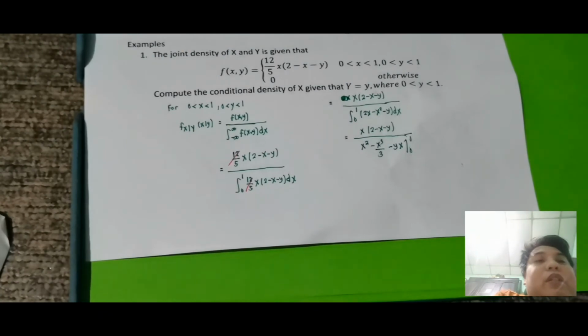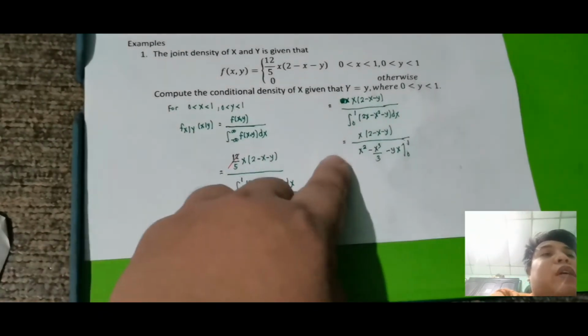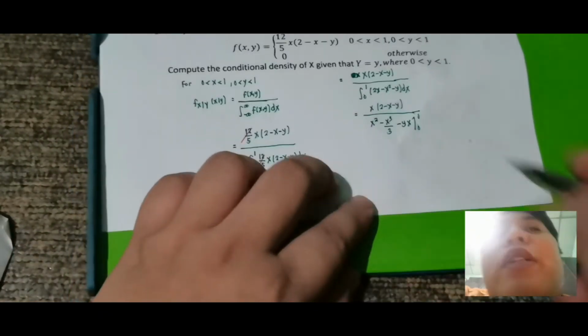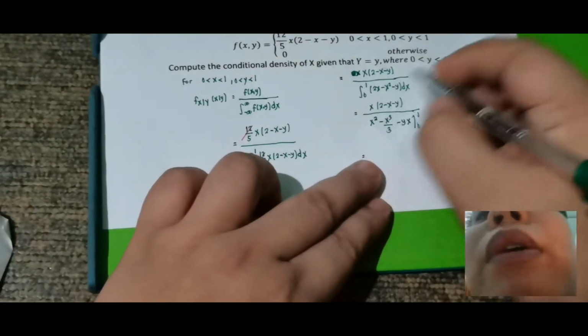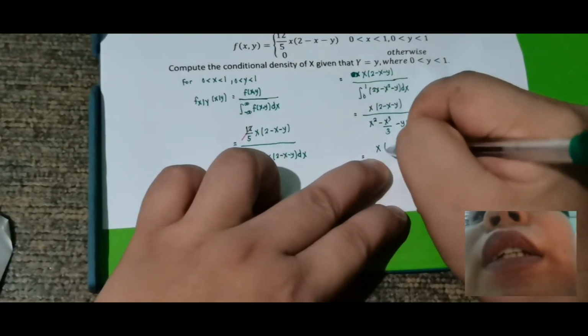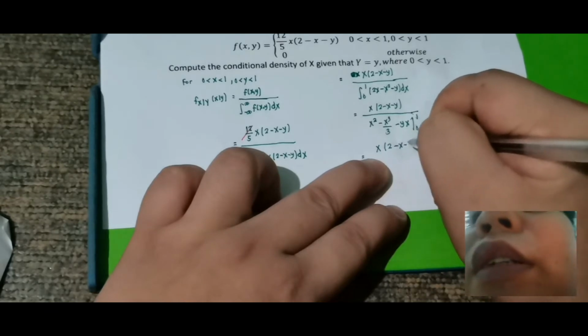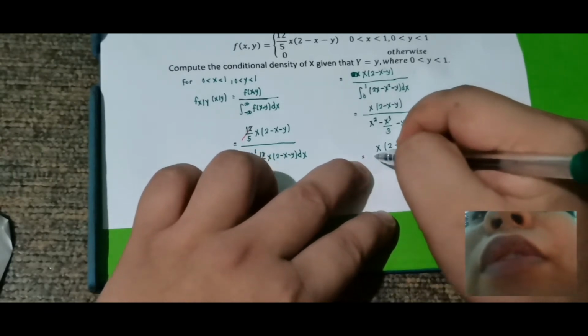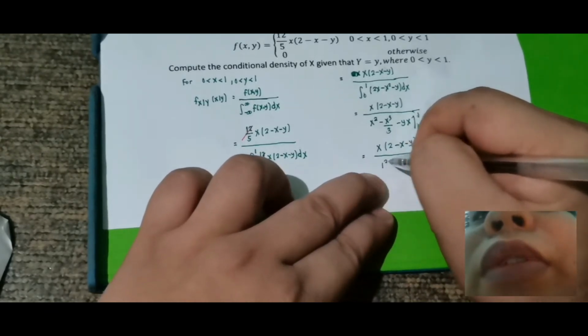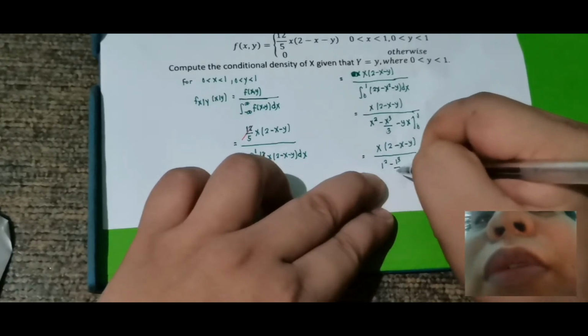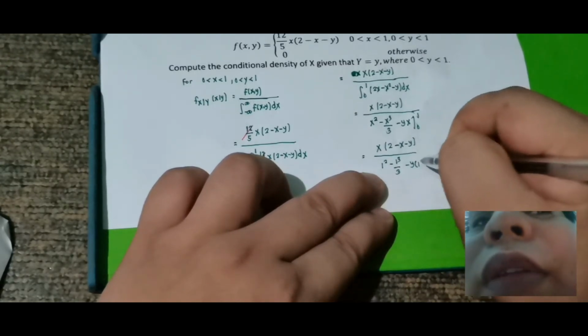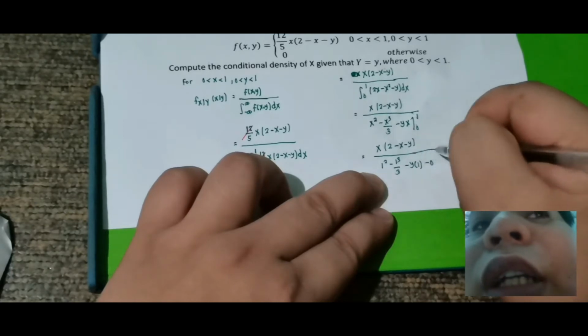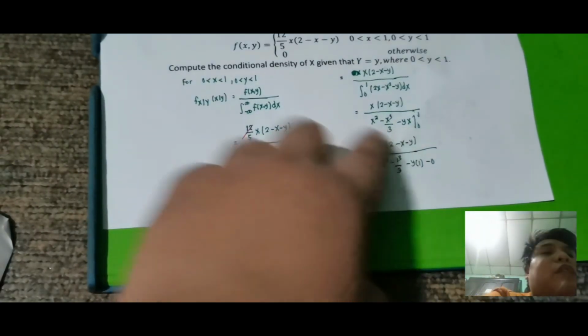Tama. So, now, apply natin yung boundary, which is, this is 1, this is 1, this is 1. Okay, so, this is just equal sa, again, yung boundary sa ilalim ng apply, this is x, then 2 minus x minus y, then all over, this, which is 1 squared minus 1 cube over 3 minus y times 1. Okay, minus 0. Okay, kasi nga, yung 0 na is makakancel lang lahat dun.